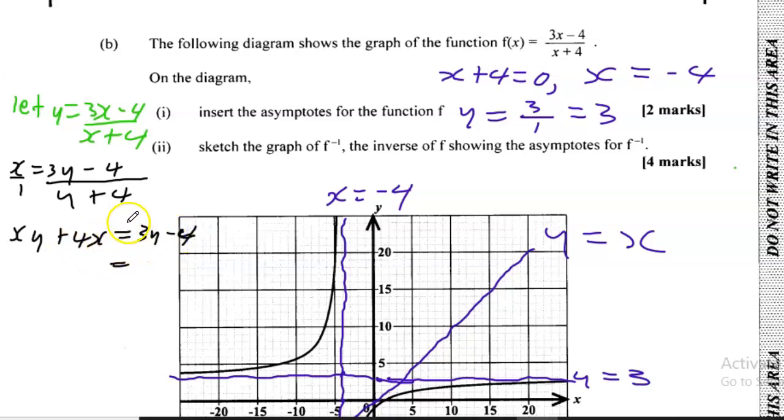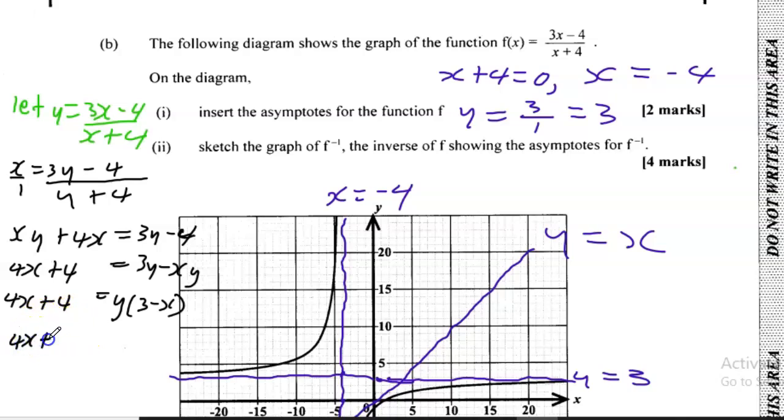We group the x's over here: we have 4x plus 4. And if we group the y terms, it would be 3y minus xy. So we have 4x plus 4 equals, if I factor y, y times (3 minus x). Divide both sides by 3 minus x. I'll get (4x plus 4) upon (3 minus x) equal to y. And this y, of course, will be the inverse of the function.